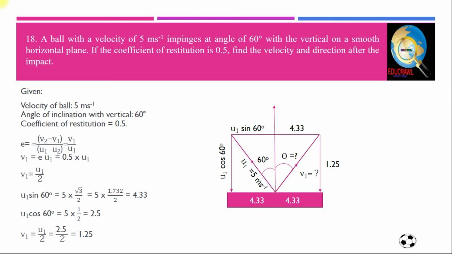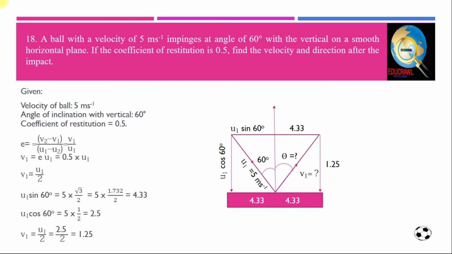So V1 will be, take U1 to the other side, V1 is equal to E into U1. We know the E value as 0.5. So V1 is equal to 0.5 into U1, or you can write it as U1 is equal to V1 divided by 0.5. 0.5 value is 1 by 2. So V1 is equal to U1 by 2. So this we will be using in the further calculation.